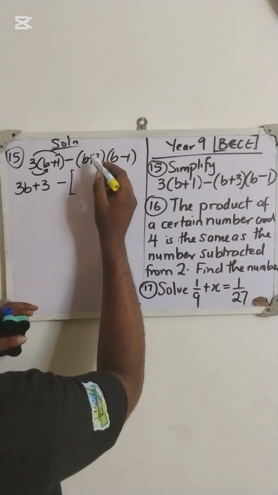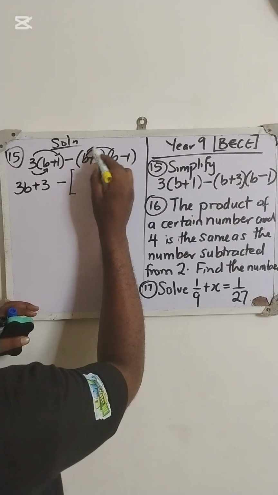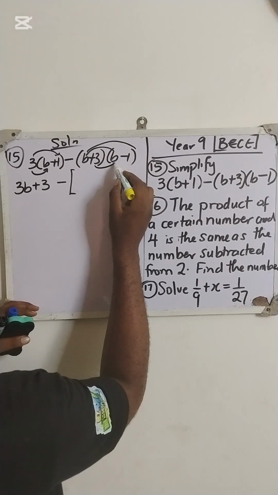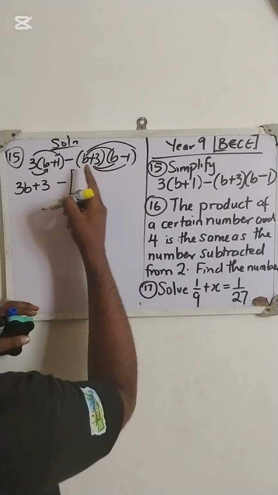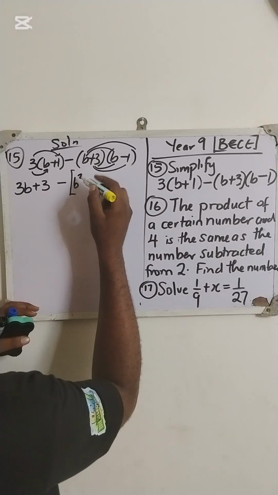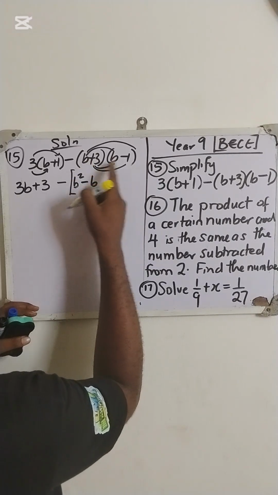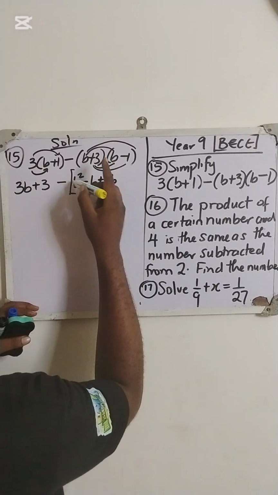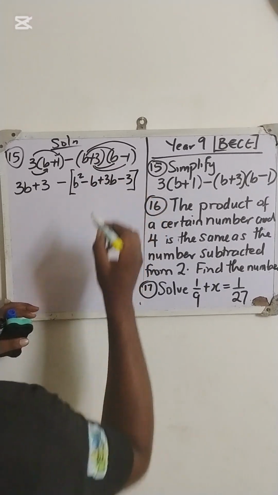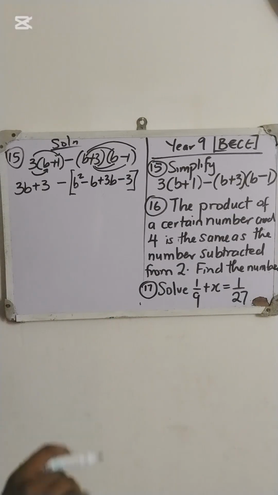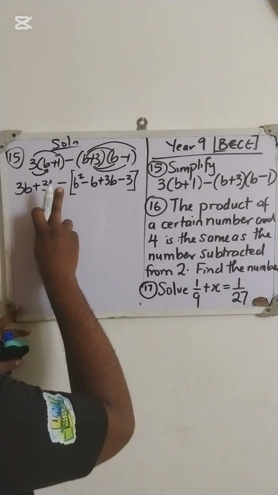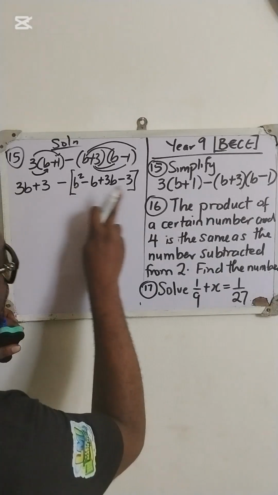So now we do, the first one multiplies the first and the last. The second one also multiplies the first and the last, okay? So b times b, that's b squared. First one multiplies the last, minus b. Then this plus 3b, then that minus 3. Now watch this. This negative sign starts affecting everything in the bracket.